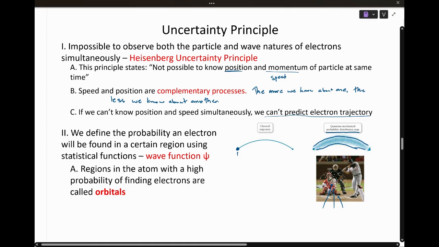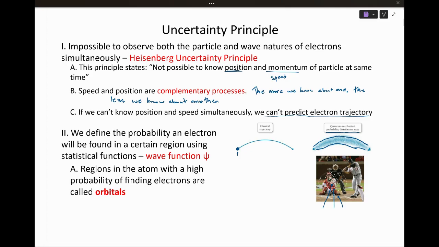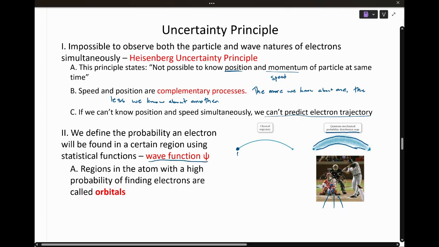And so we define the probability of an electron to be found in a certain region using statistical functions known as wave functions. And these wave functions are just a collection of wave equations.